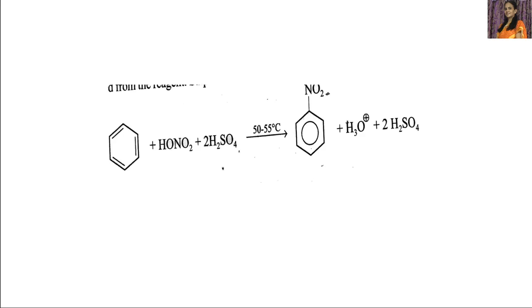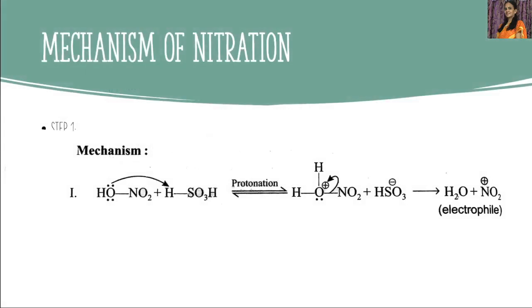Okay, now let's see the reaction mechanism of this nitration reaction. Mechanism of nitration. This involves three steps. The first step is generation of the electrophile NO2 plus. The electrophile is generated by the action of sulfuric acid, the catalyst, on this reagent, nitric acid.